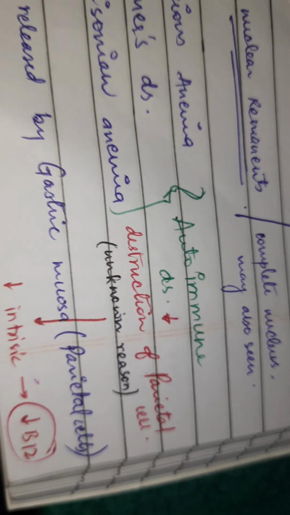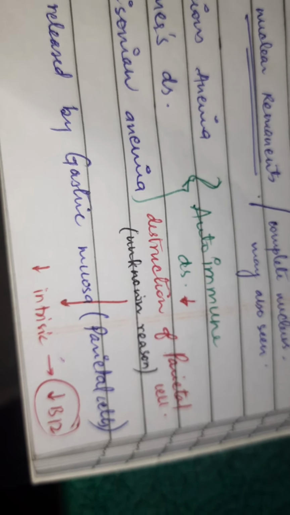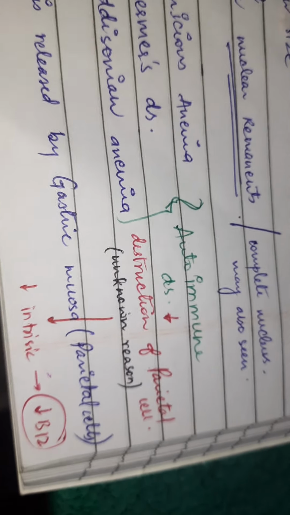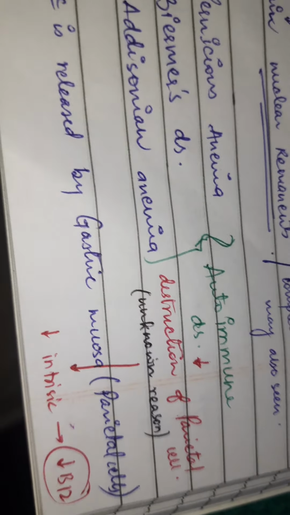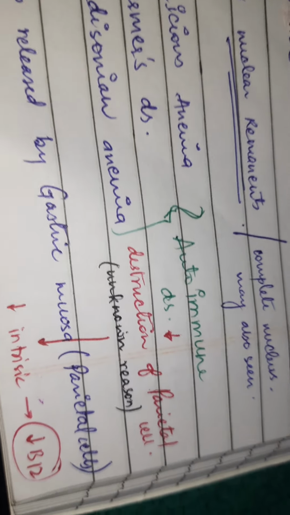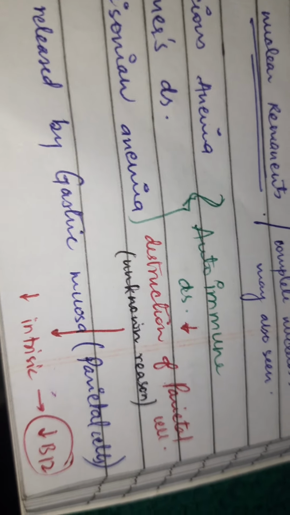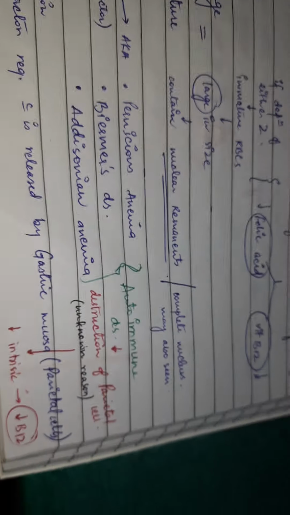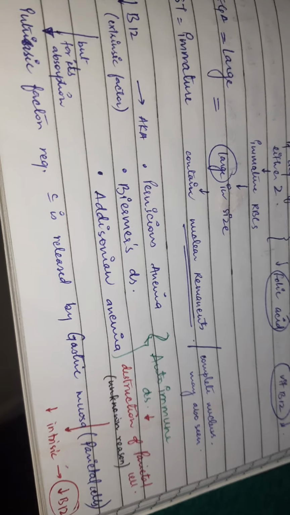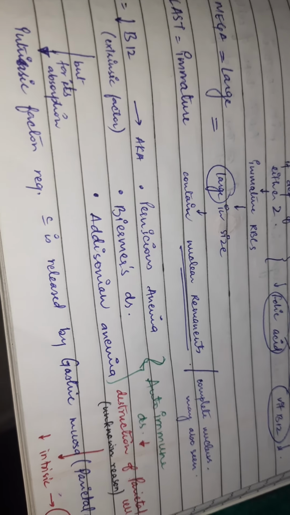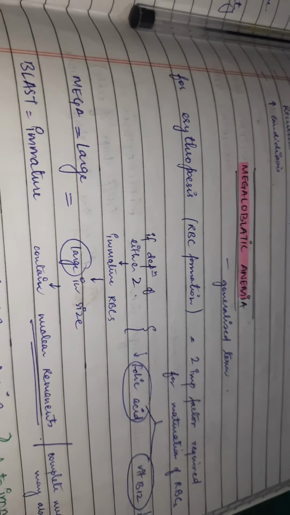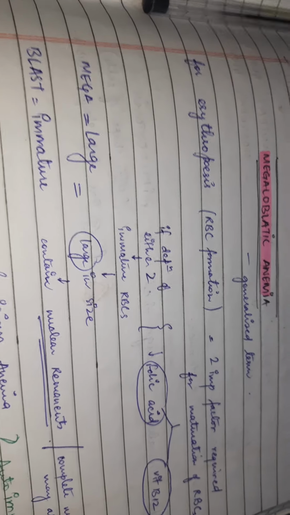Destruction of parietal cells for unknown reasons decreases intrinsic factor, so it decreases the extrinsic factor, which is B12. These three are autoimmune diseases: pernicious anemia, Biermer's disease, and Addisonian anemia. But megaloblastic anemia is not an autoimmune disease. It is due to the deficiency of either folic acid or B12 or both.